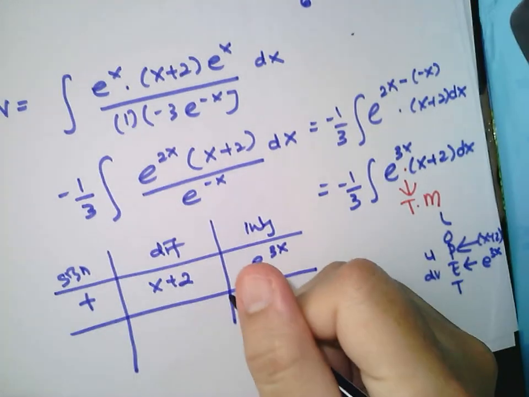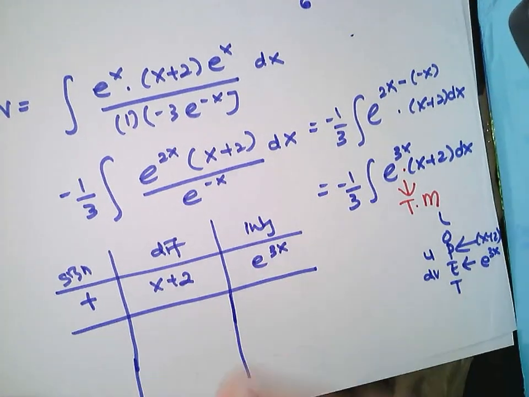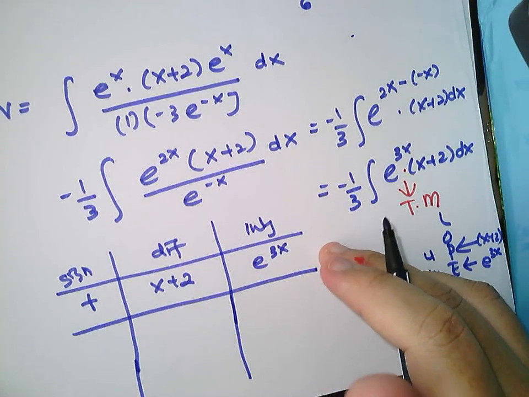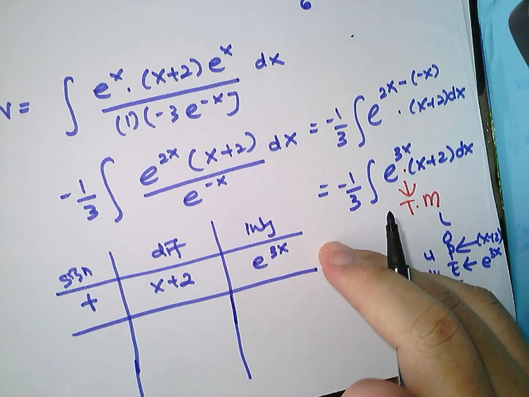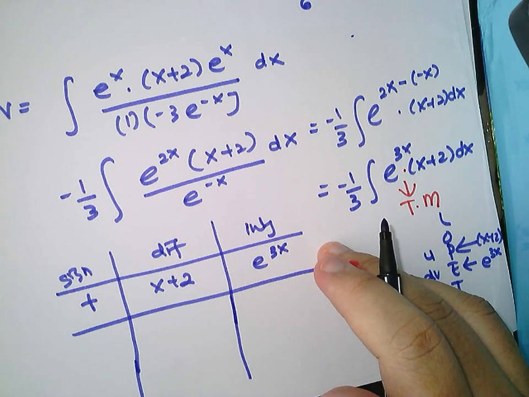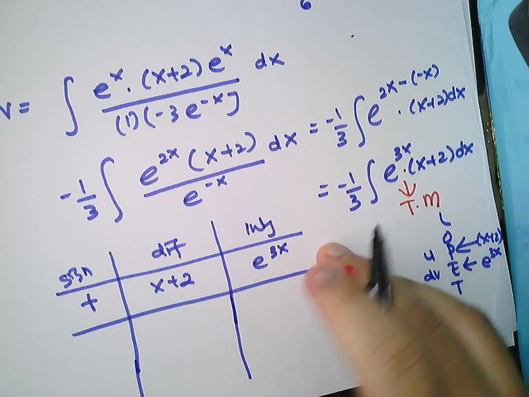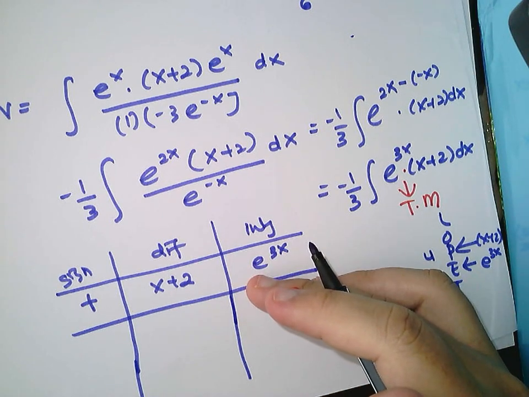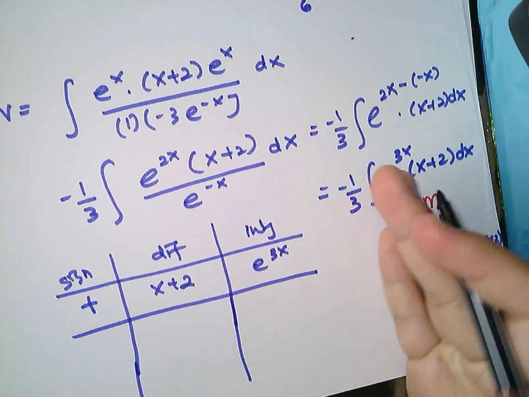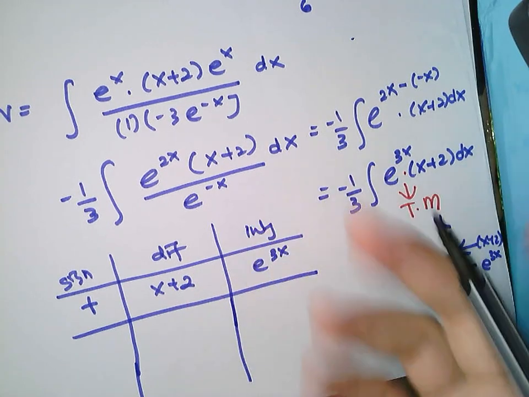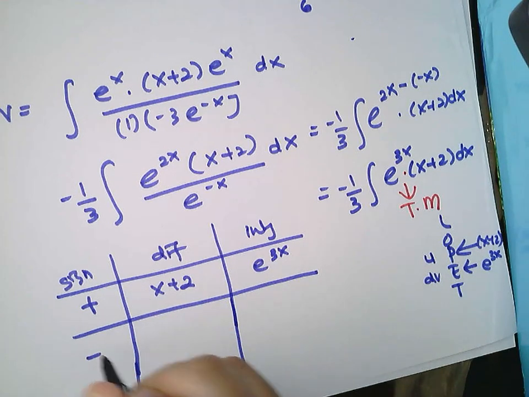So remember, in the previous chapter I already revised the tabular method with you. This is case 1 of the tabular method, whereby you can differentiate this one until 0, and you integrate the other one correspondingly. So you will have negative here.